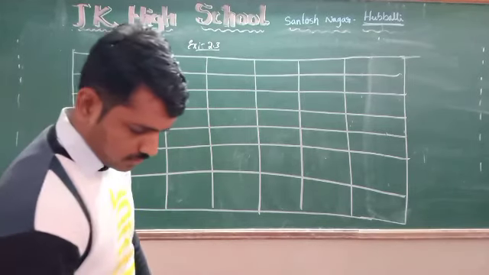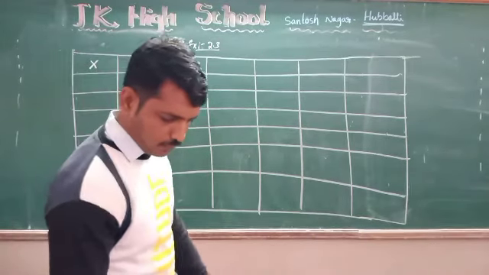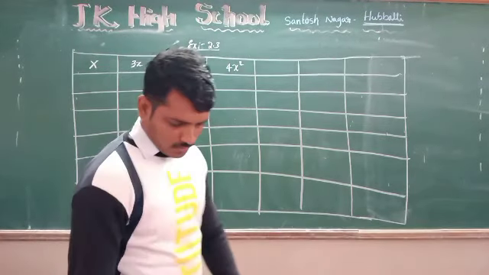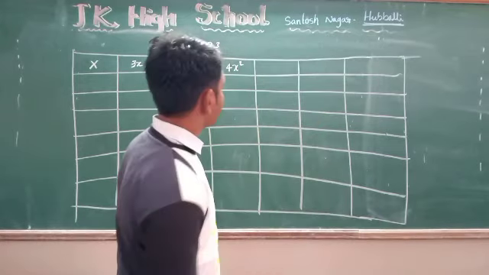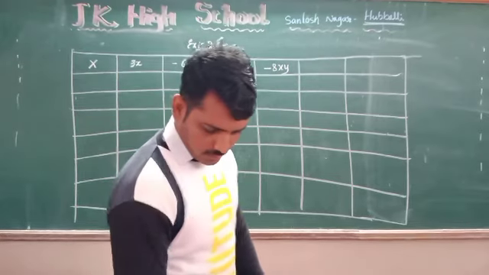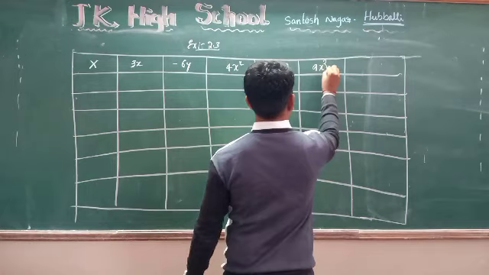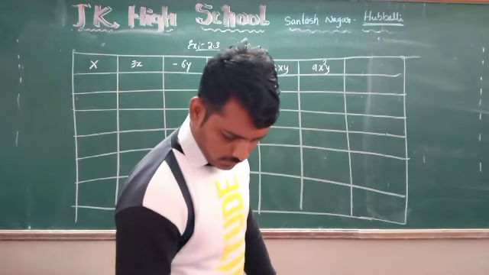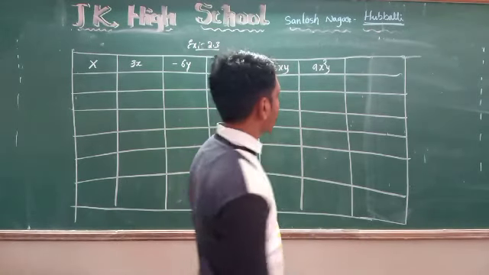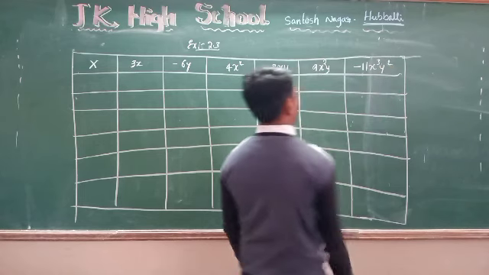Next term, minus 6y, then 4x squared, 4x squared minus 8xy, then 9x squared y, 9x squared y, and 11x cubed y squared, minus 11x cubed y squared.